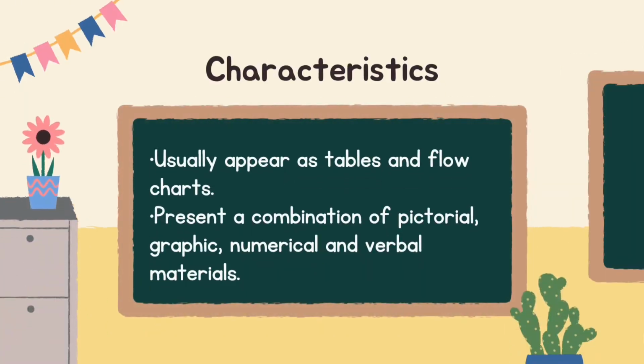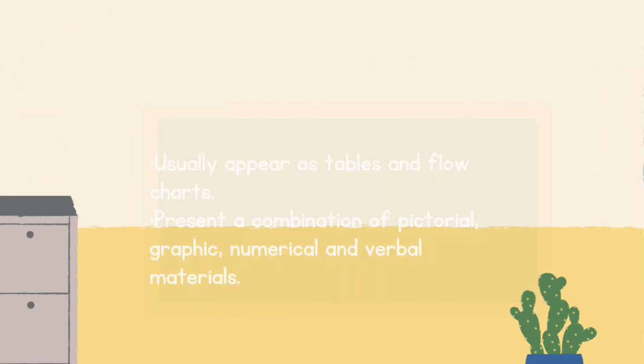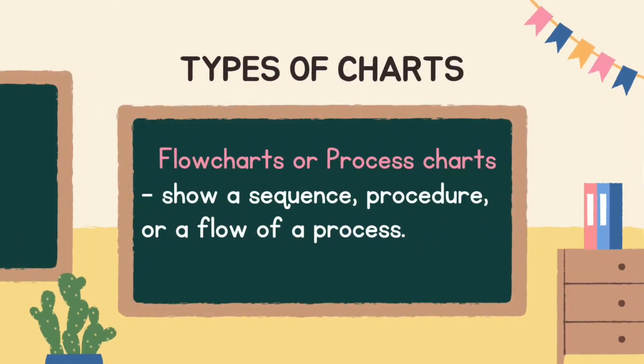The characteristic of charts is that they usually appear as tables and flowcharts. Next, it presents a combination of pictorial, graphic, numerical, and verbal materials. So there are six types of charts. The first one is the flow chart or process chart. It shows the sequence, procedure, or flow of a process.